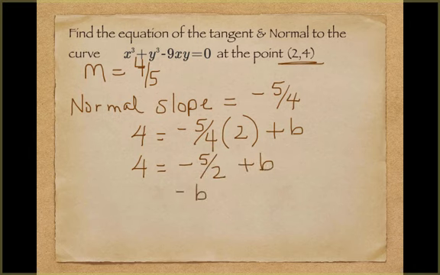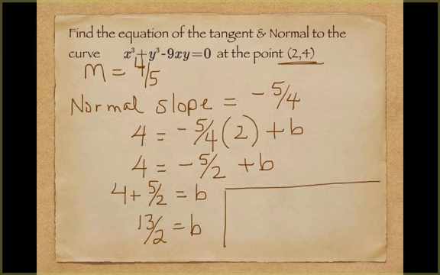So b equals 4 plus 5/2. So b equals 13/2. So the equation of the line normal to that curve at the point 2, 4 is y equals negative 5/4 times x plus 13/2.